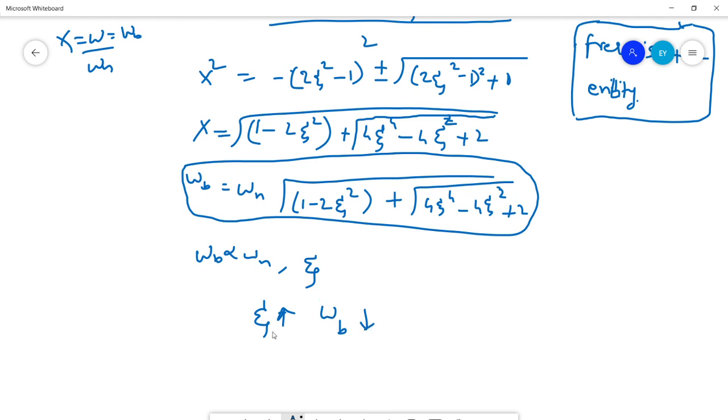What if you are selecting a zeta value in between 0 less than zeta less than 0.707? If you are selecting this, bandwidth and maximum peak are directly proportional. So omega b is directly proportional to Mp. Considering the time domain equation for this, we'll be having rise time, peak overshoot, settling time, right?